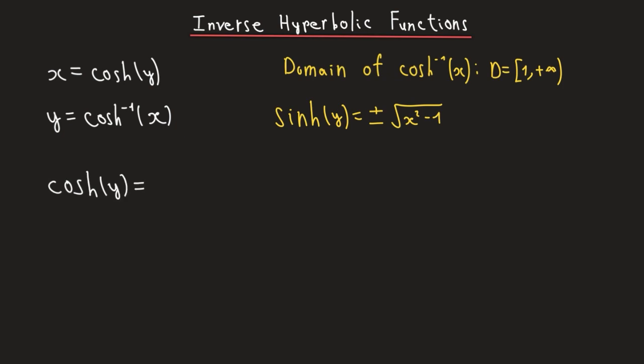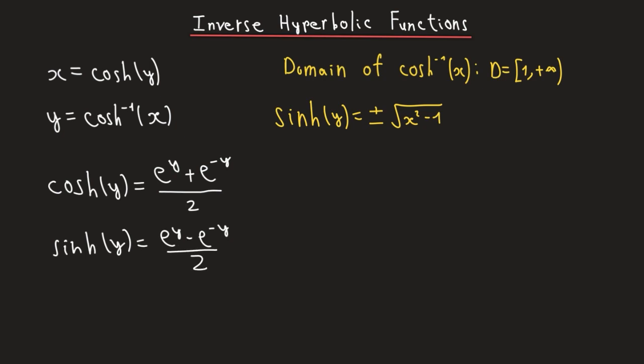Indeed, cosh of y is equal to e to the y plus e to the minus y, divided by 2, and the expression for sinh of y is e to the y minus e to the minus y, divided by 2. Since these involve exponentials, the inverse of these hyperbolic functions will involve logarithms.